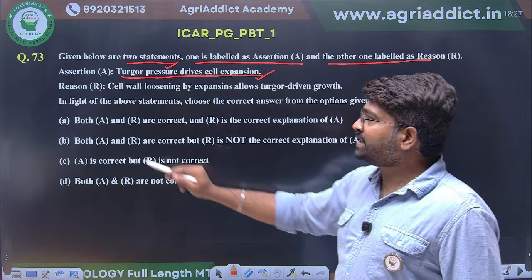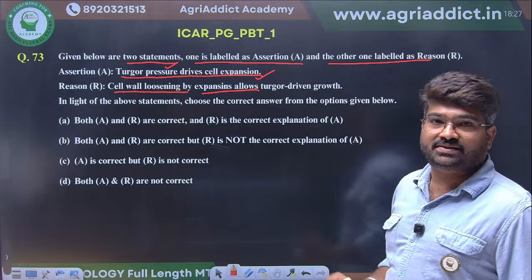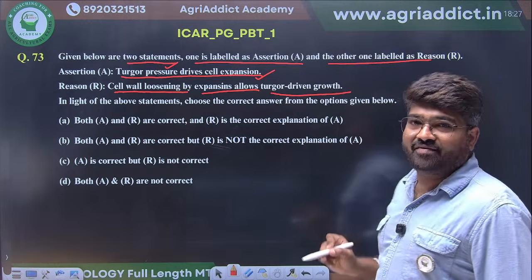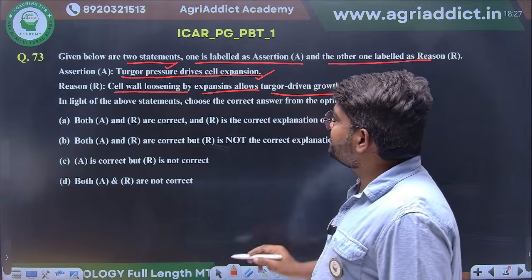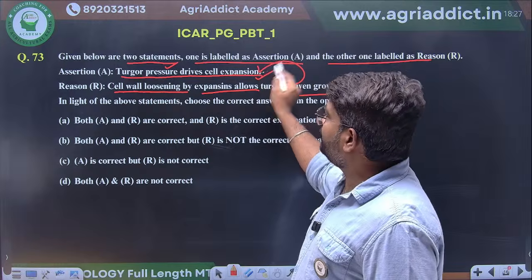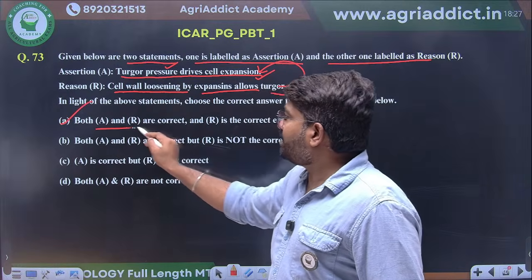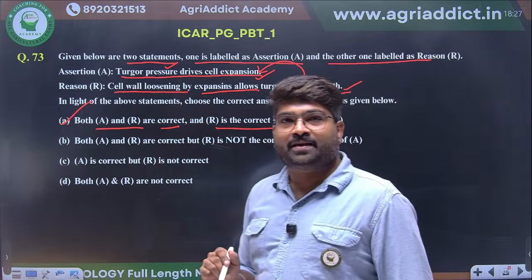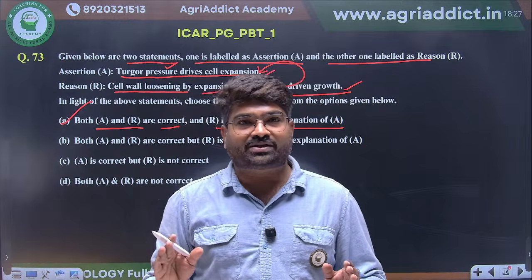That is true. Reason: cell wall loosening by expansins allows turgor-driven growth. Yes, this is also correct, and it is a correct explanation of this assertion. So, both A and R are correct and R is the correct explanation of A. This is a basic concept, students. That's why I am moving a little fast.